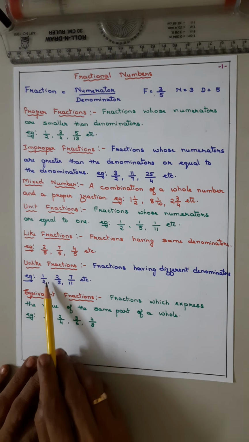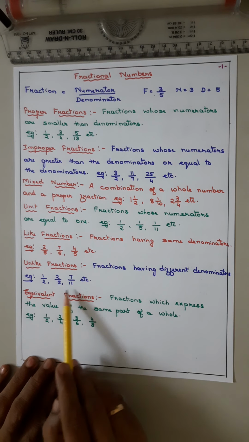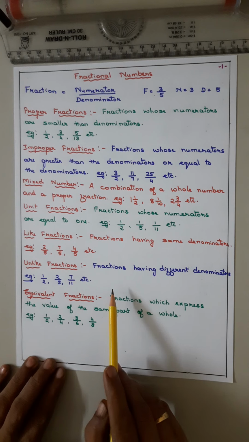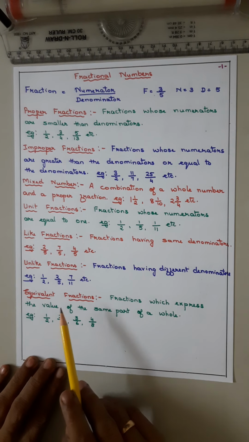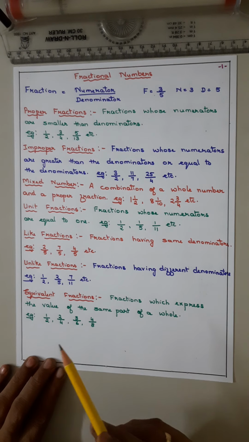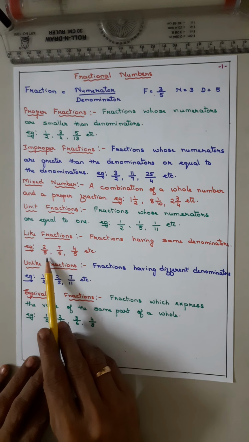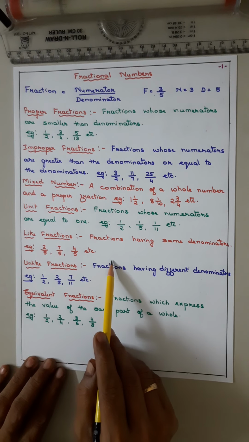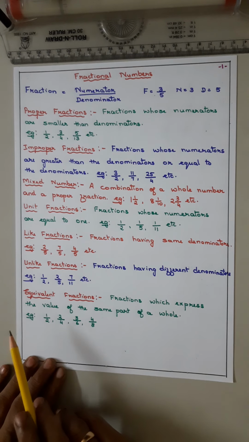Look: 1 by 2, 2 by 5, 7 by 11. All the denominators are different, then you call them unlike fractions. So like and unlike is a group of 2 or more. In like fractions, all the denominators are the same. In unlike fractions, the denominators are different.